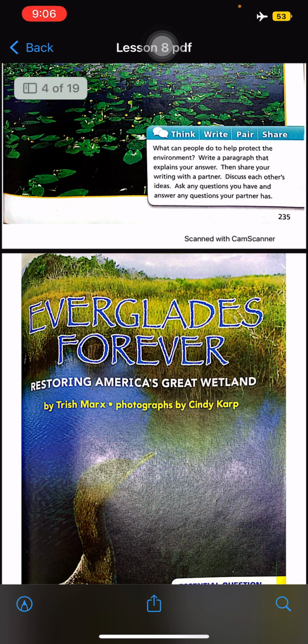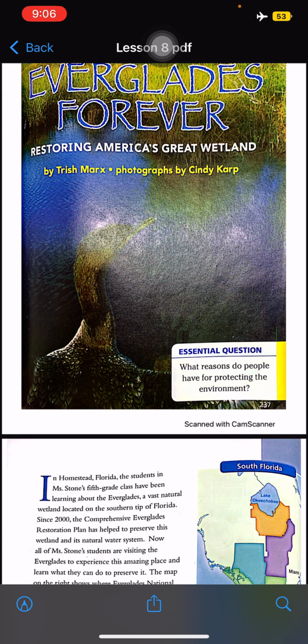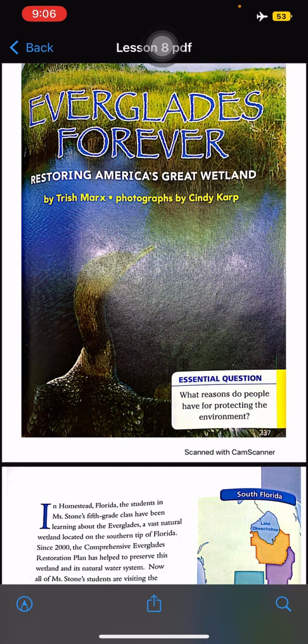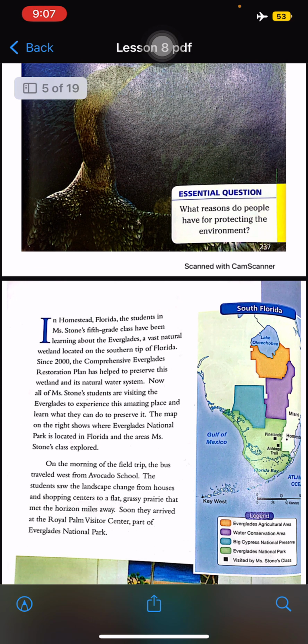The Everglades Forever: Restoring America's Great Wetland, by Terry Marks, with photographs by Cindy Carp. The genre of this text is non-fiction. It's based on real life events and real things that happen.